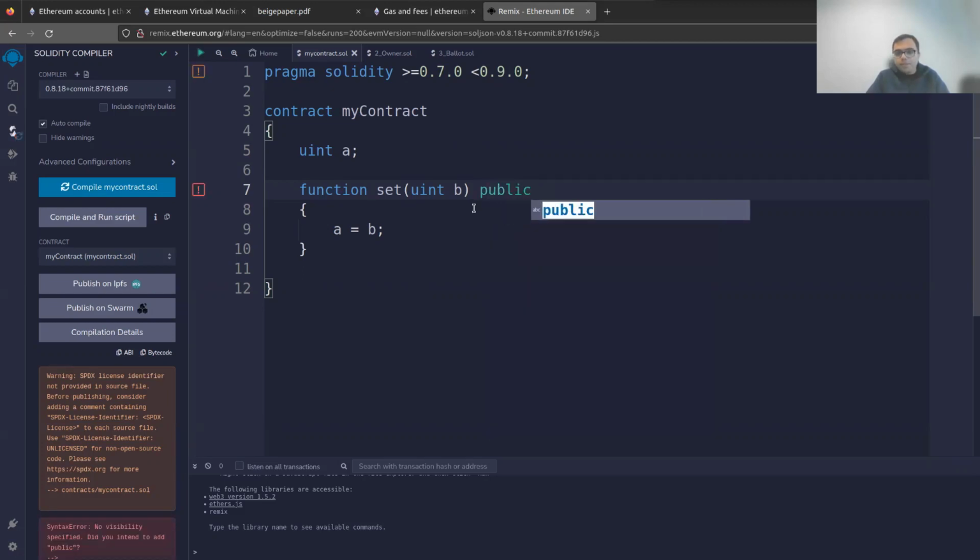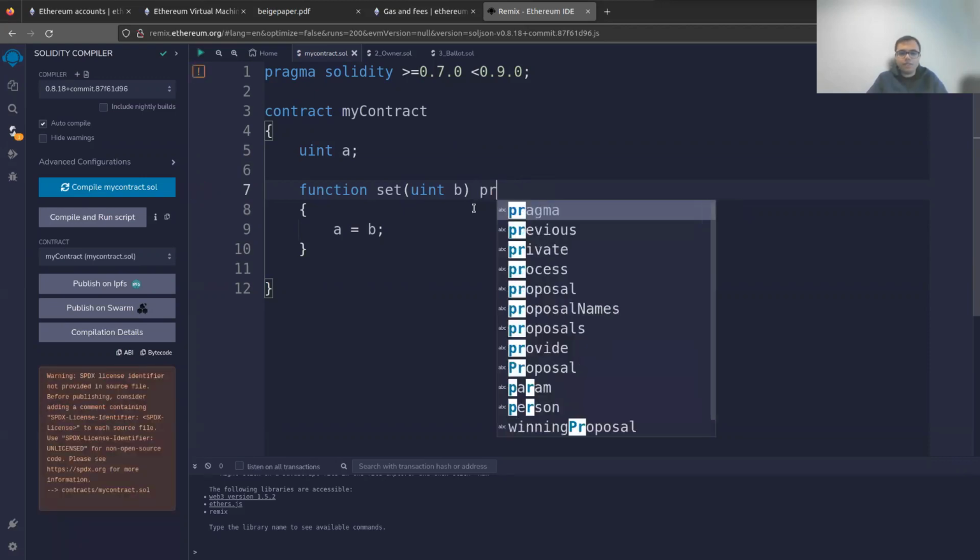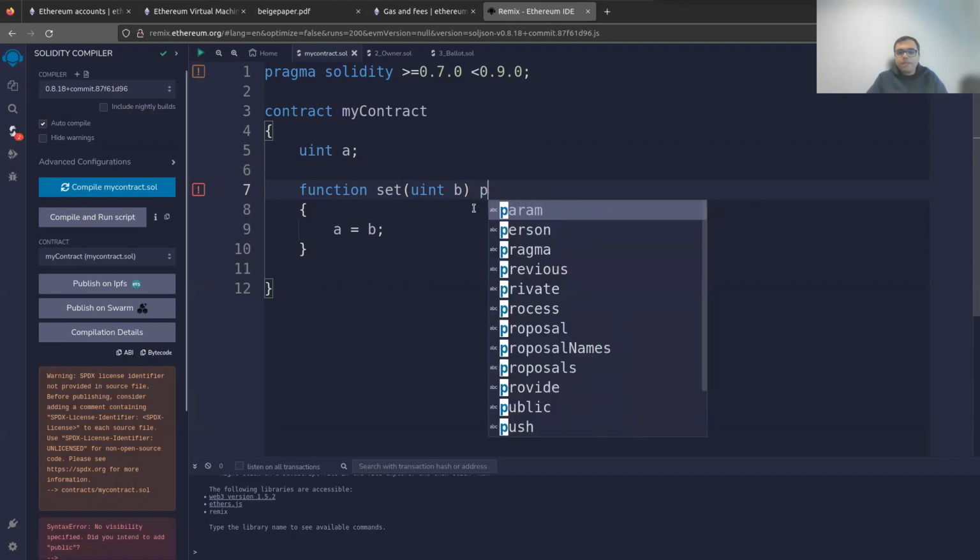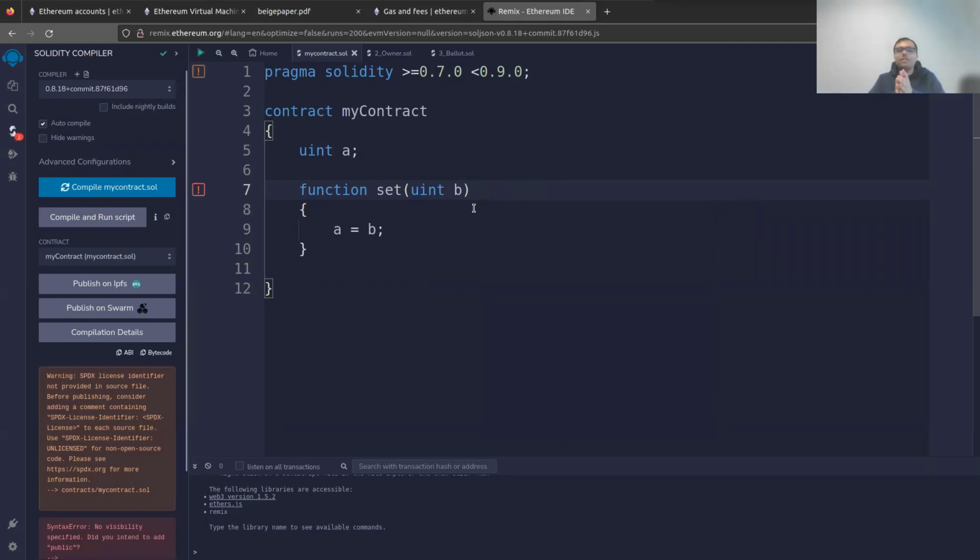They call it visibility, but it's not really visibility, because even if I have a private or internal function here, what's happening is that I'm compiling this code and putting it on the blockchain. But everything is visible to everyone on the blockchain.